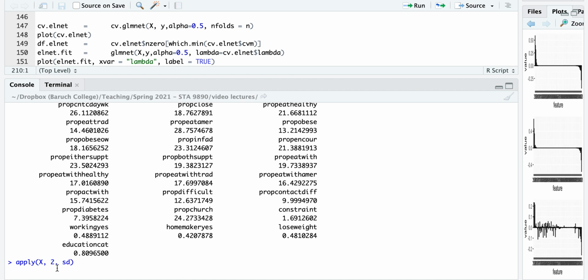So we want to look at the standard deviation of the different predictors.